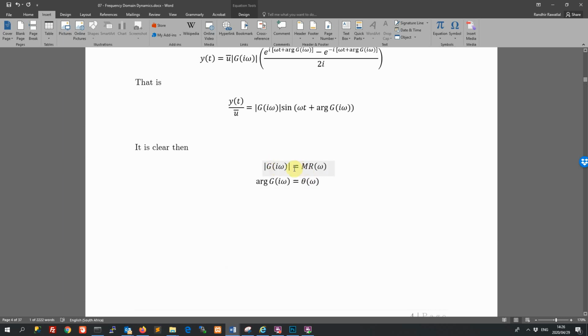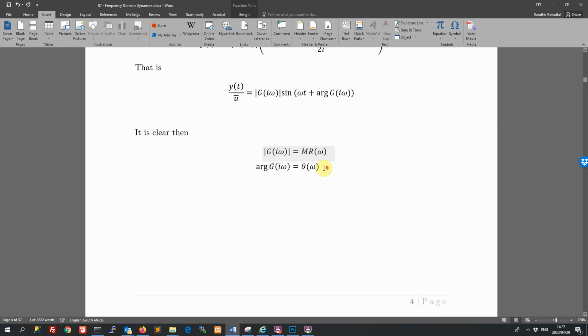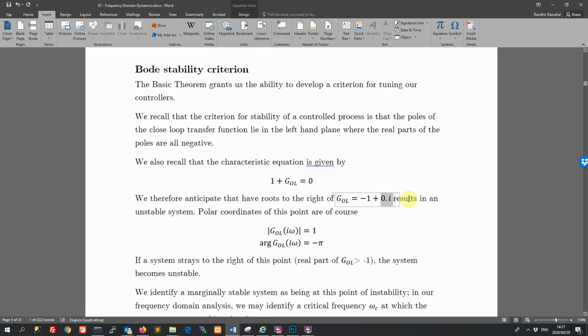We know that the magnitude of g of I omega is the magnitude ratio. So we want to know, how does the magnitude ratio look for our function at this critical point? If it's at that point, then the magnitude of g is going to be 1. This is the point -1 on the negative real axis, and if g happens to be sitting at that point, then the magnitude of g must be 1. The length from 0 to -1 is 1.